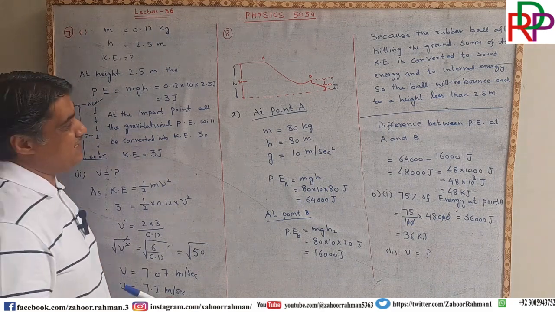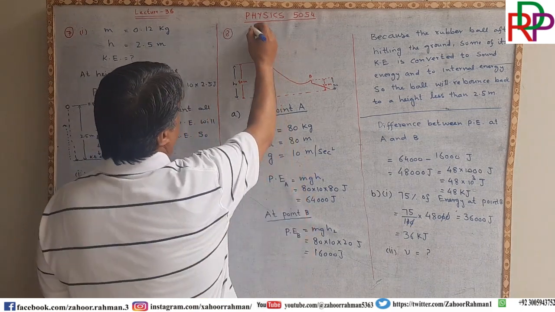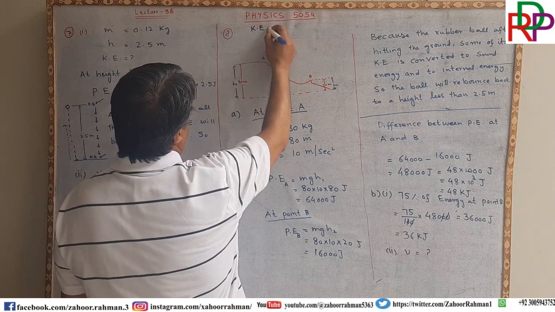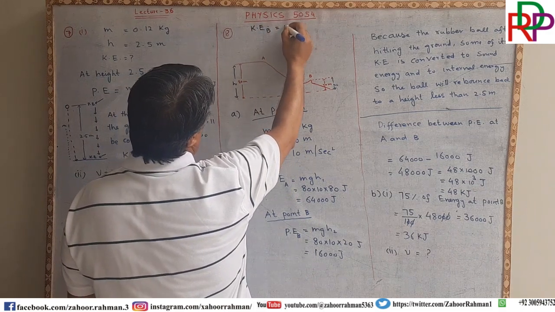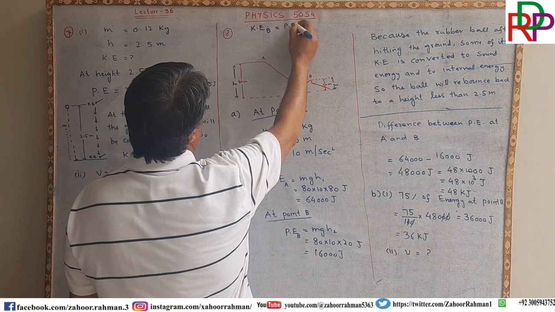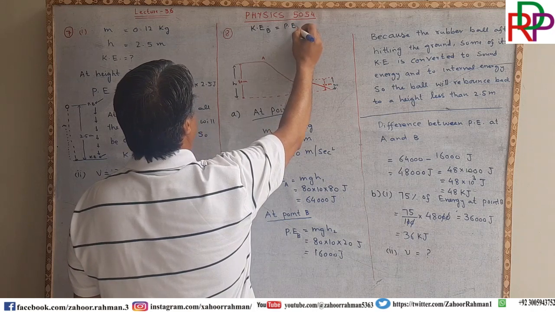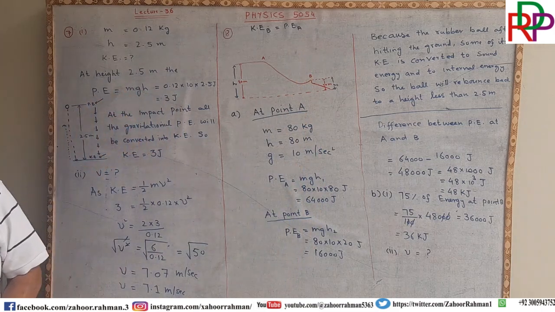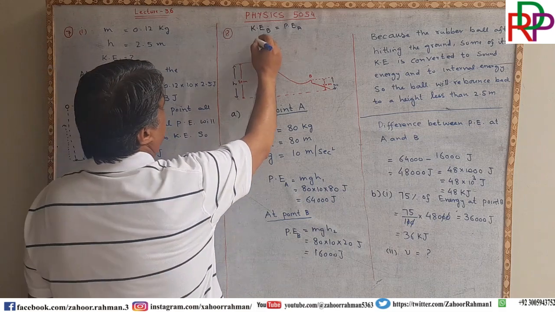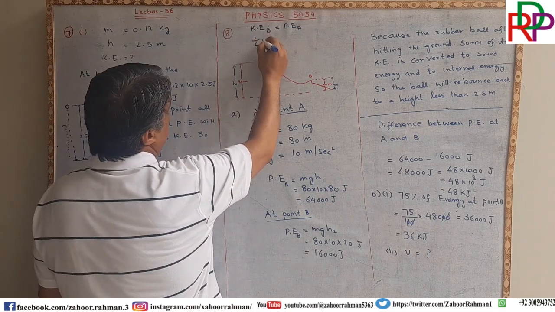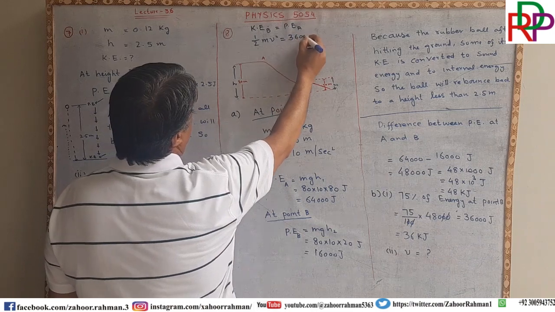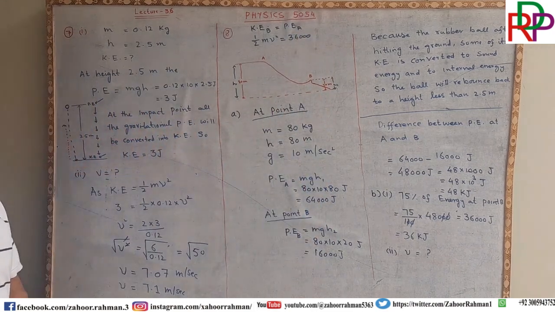So we say that kinetic energy at point B will be equal to potential energy at point A. So we found that 1/2 mv square is equal to 36,000.